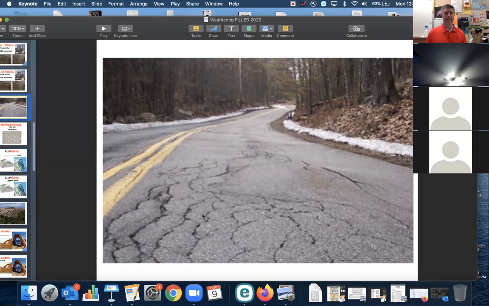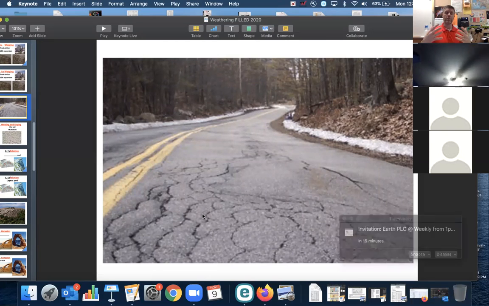So during the day, it'll warm up above freezing, or especially if there's a black surface like a road, it'll get above freezing during the day so water can get down into these cracks and underneath the blacktop. And then at night it'll freeze. So it'll raise up that road surface a little bit and it'll expand those cracks.